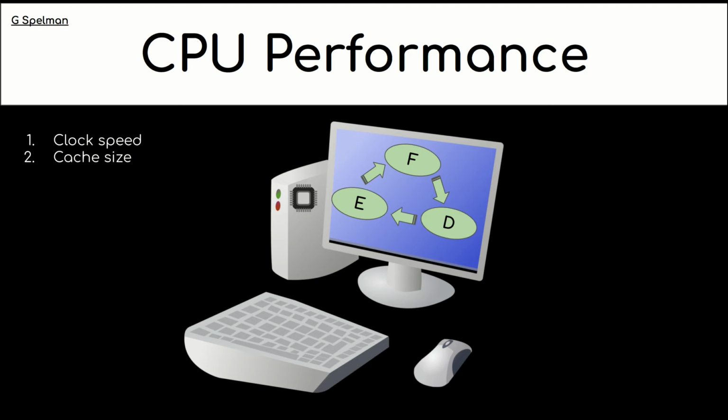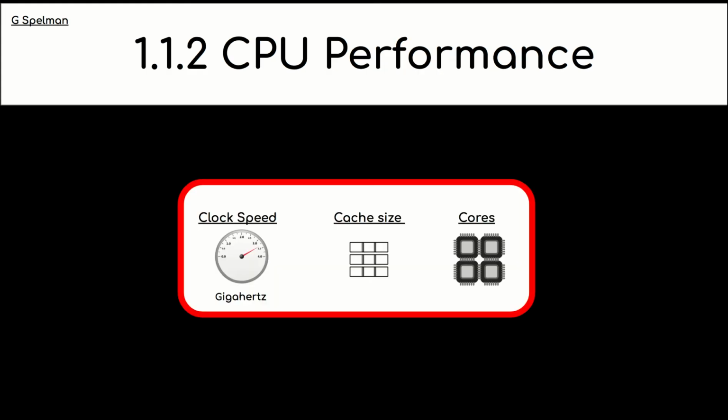Cache size, or cache, is also inside the CPU, and that affects performance. And a central processing unit can have more than one core, and that will affect its performance too. So we're going to look at these three, I call them C's: clock speed, cache, cores, and we're going to look at them in turn.